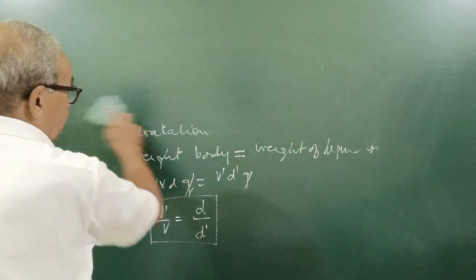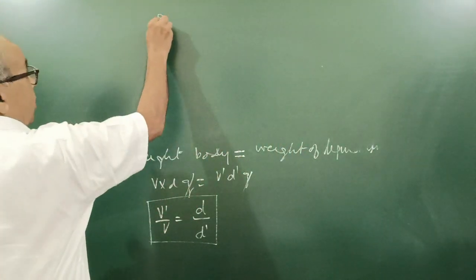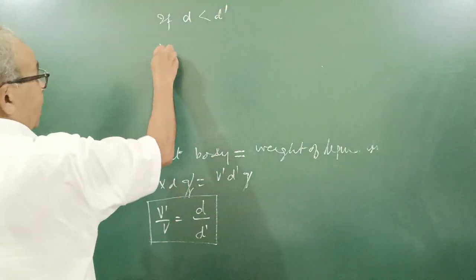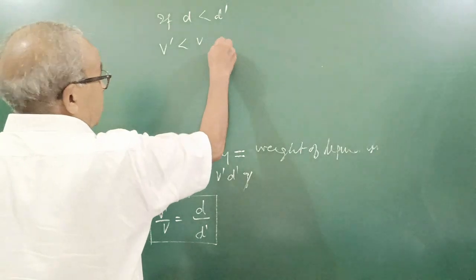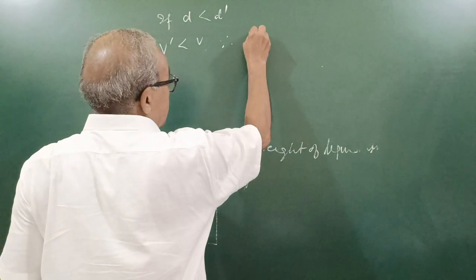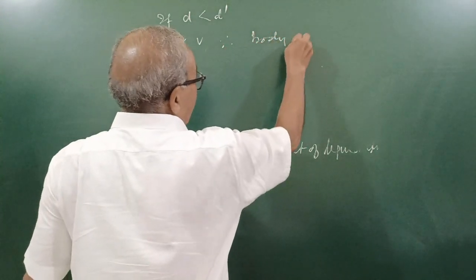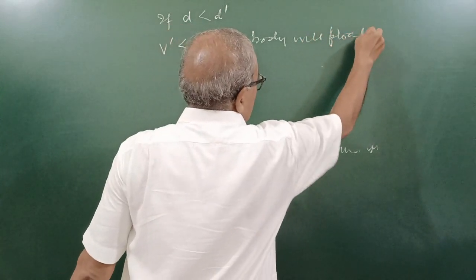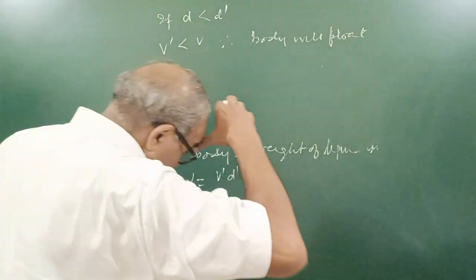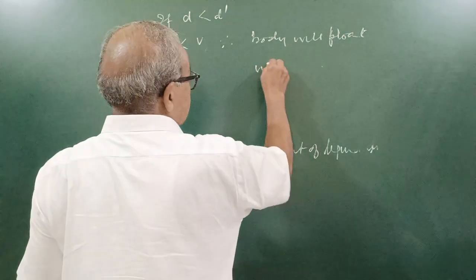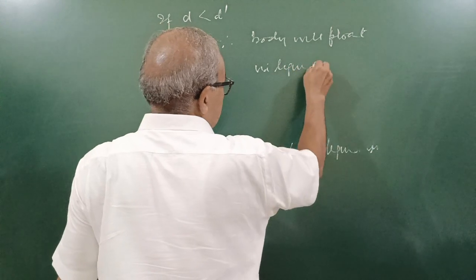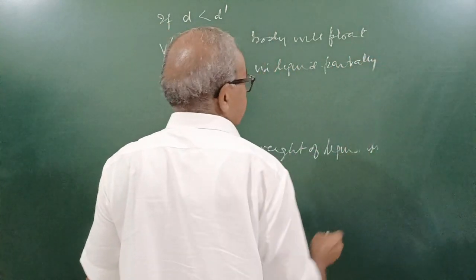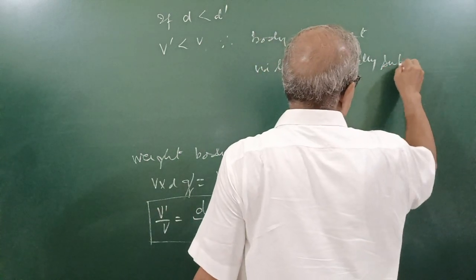If D is less than D dash, then V dash will be less than V, hence the body will float in liquid partially submerged.